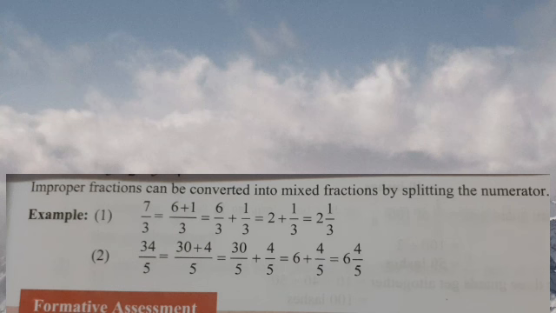So 30 plus 4 upon 5 is equal to 30 upon 5 plus 4 upon 5, which is equal to 6 plus 4 upon 5, which is 6 and 4 upon 5. So this improper fraction 34 upon 5 is converted to the mixed fraction 6 and 4 upon 5.